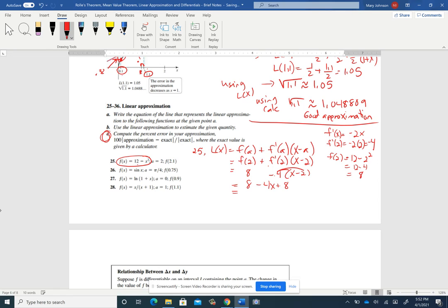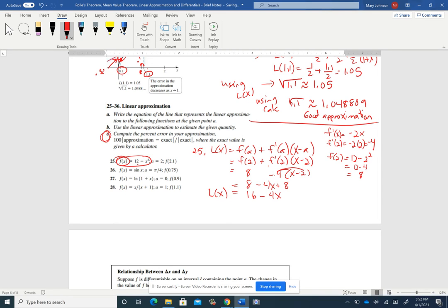So that would be 16 minus 4x, or negative 4x plus 16. This is a linear approximation. That's why these are turning out to be lines. So this function right here is supposed to be an estimate of the original function as long as you're right around 2. It should give you a close estimate.